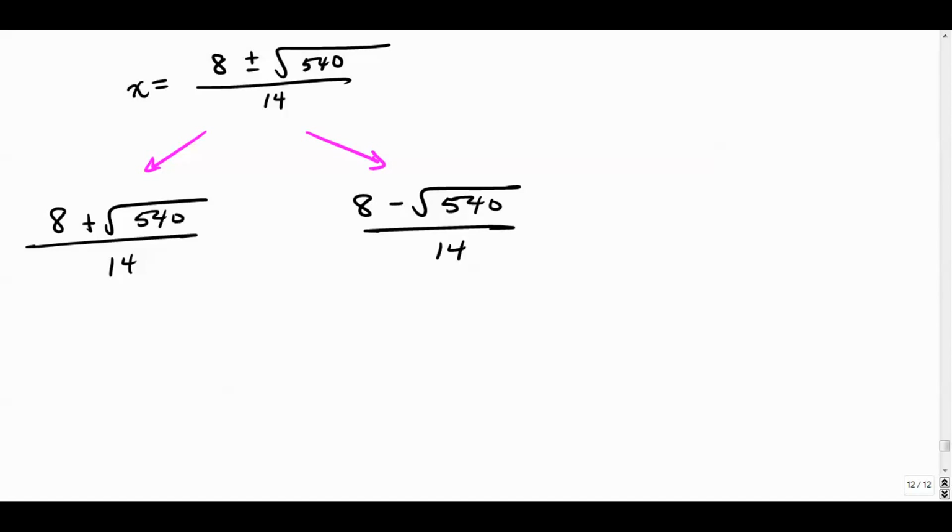And that 540 as a radicand, I'm thinking probably has some perfect square in it as a factor. I don't really know the answer to this, to be honest with you, but I'm going to work through it right now as we go along here.